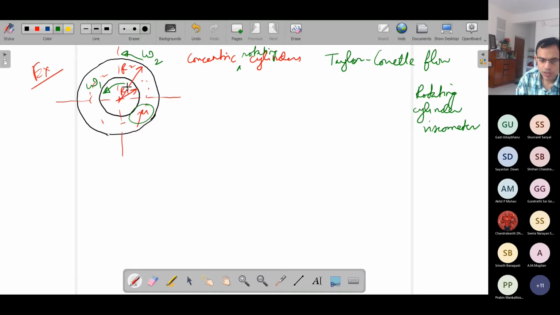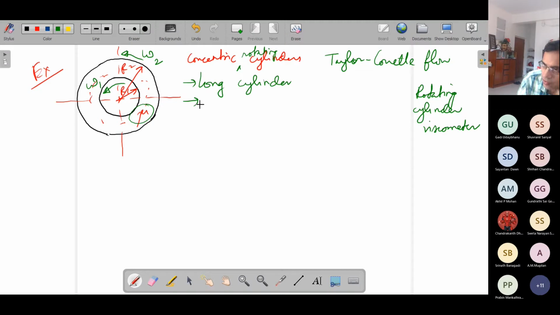So we'll make these assumptions, very clear assumptions. First of all, we'll consider a long cylinder. We will discuss what are the implications of this.